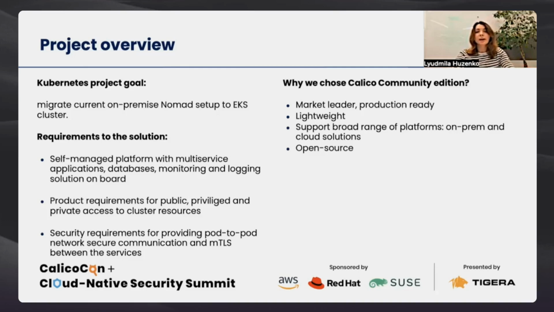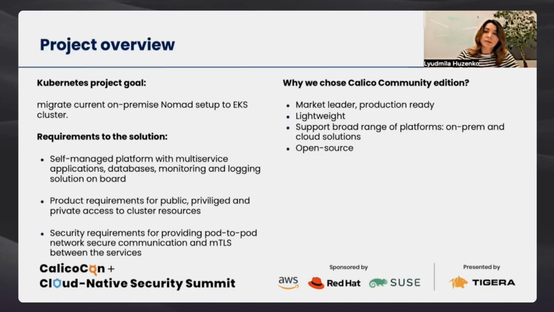Shortly, I will describe why we chose Calico. First is that it is a market leader and a production-ready solution. The second one is that it is lightweight. That means a lot when we are talking about daemon sets, because daemon sets are deployed on each node and consume some resources on each of your Kubernetes nodes.